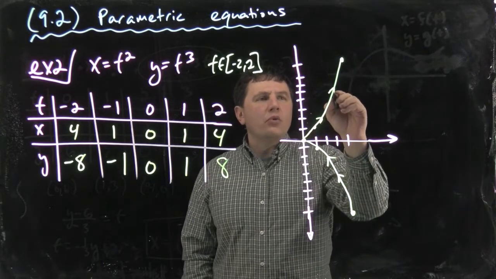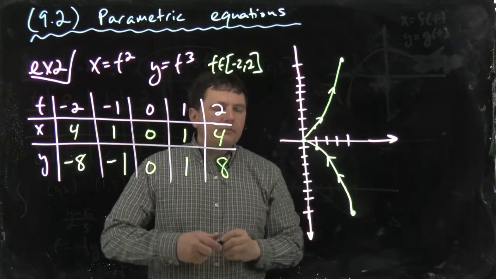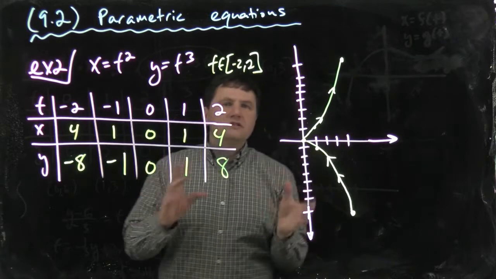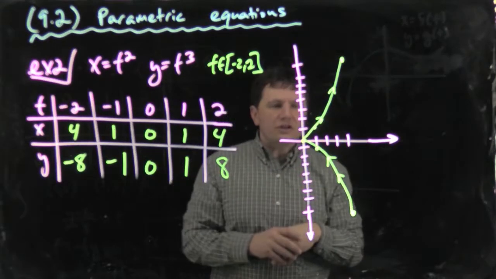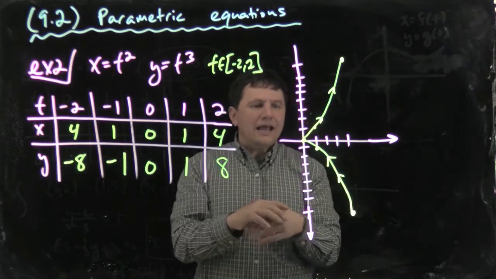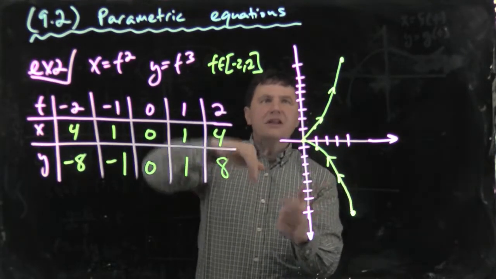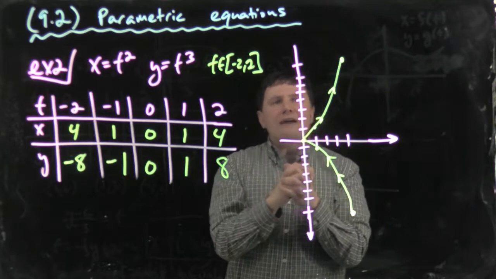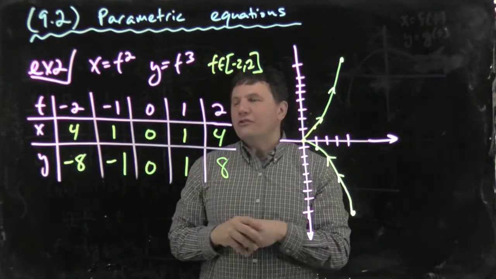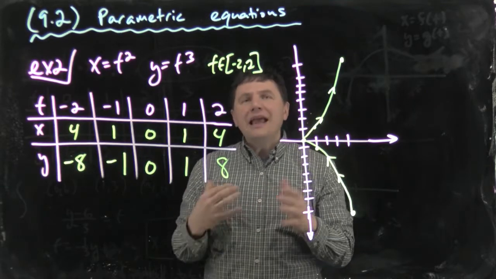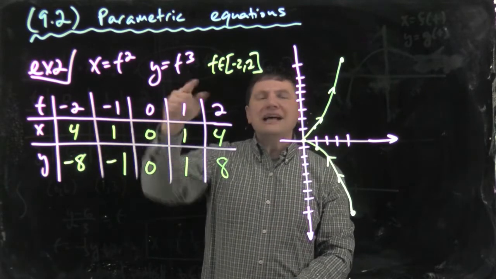Another thing I want to point out that is a little bit confusing. In the past, when we talked about functions of x or y and we got a graph like this, if we looked at it as a function of y, the input for y would go from -8 to 8. We would see that in the graph. You do not see domain and range when it comes to a parametric equation. The domain is basically what are the possible t values.